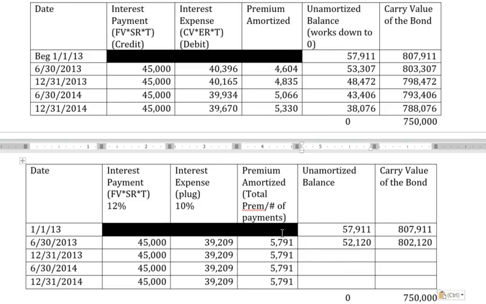All right, so let's finish out this 52,120 minus the 5791. Let me just finish each of these. 46,329 minus the 5791. 40,538 minus again the 5791, and we get 34,747.